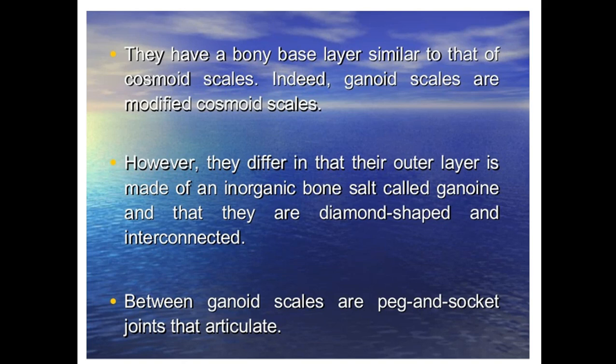The difference is in the outer layer, where in ganoid scales there is an outermost layer of inorganic bone salt called ganoin, and they are almost diamond shaped and interconnected. Between each ganoid scale, there is a peg and socket joint. Because of this joint, it can articulate, so flexibility is given to the fish.